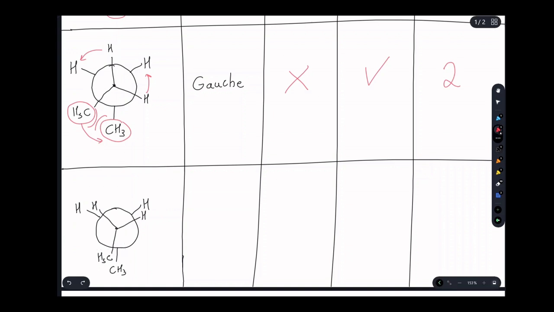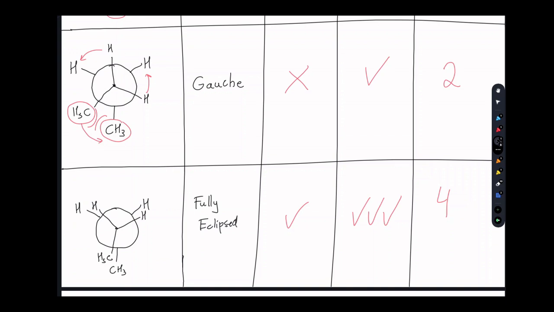So we do have that torsional strain because the bonds are eclipsing, but we have a really bad steric strain. This is the most unstable form because of that. These two methyl groups do not want to be near each other. And we're going to call this fully eclipsed. So we have partially eclipsed when the methyl groups aren't together, and fully eclipsed when the methyl groups are together.